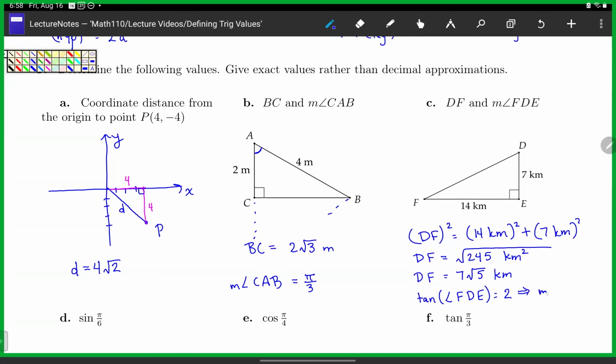The measure of angle FDE is going to be arctangent of 2. This is how to get from the ratio back to the angle. And that's approximately 1.107.